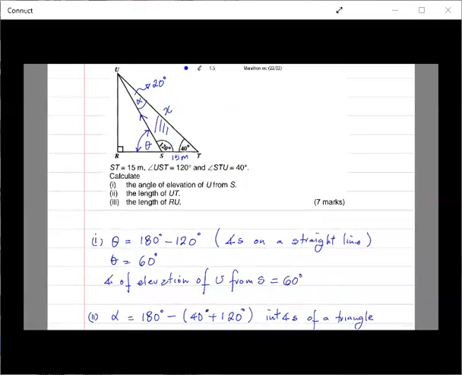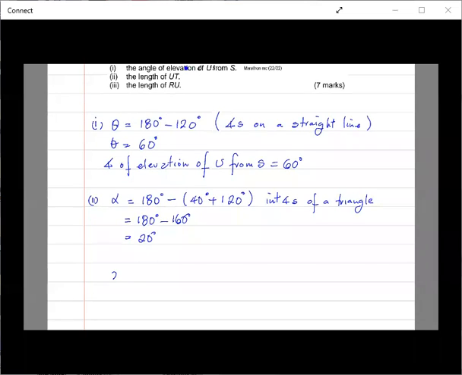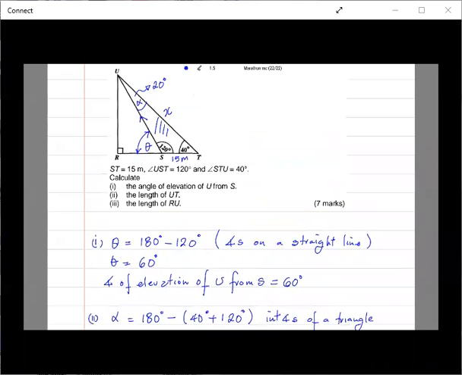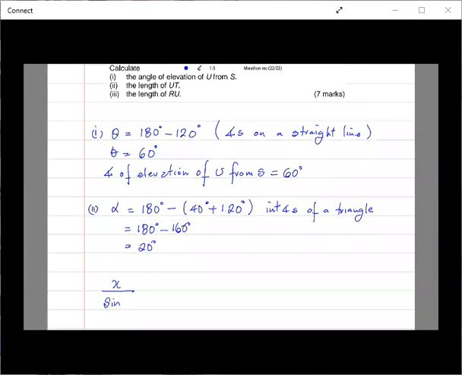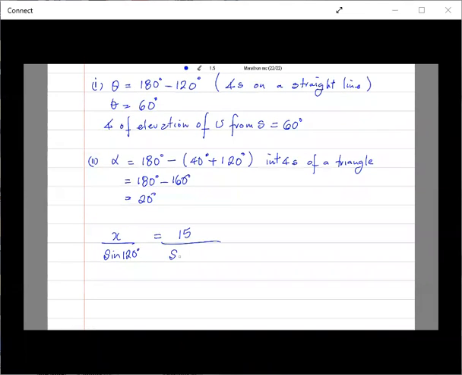I want x. So I'm going to say x over sine the angle opposite from x. The angle opposite from x is 120. So x over sine 120 is equal to the other side you know, which is 15, over sine the angle opposite from the 15, which is 20 degrees.